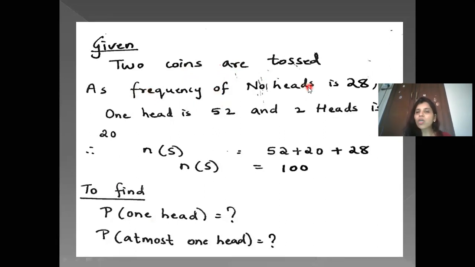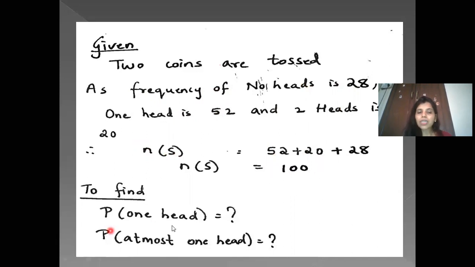So your frequency of no heads is given to you as 28, 1 head is given as 52, and 2 heads is given as 20. So your number of sample space is equal to 52 plus 20 plus 28, and when you add you get 100. So that's what it was said, that 100 times it is tossed. So your sample space is 100.